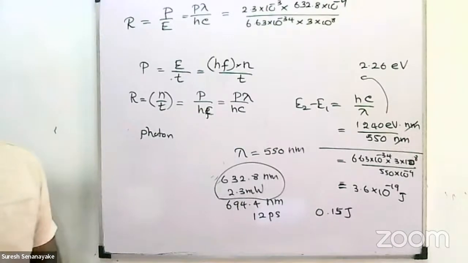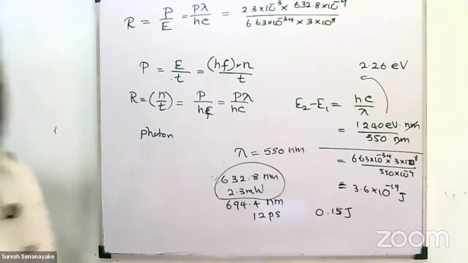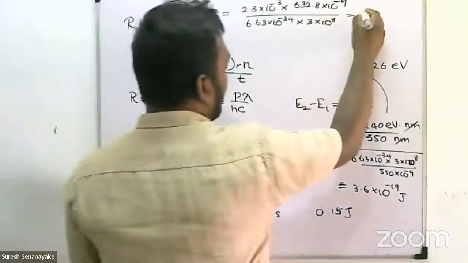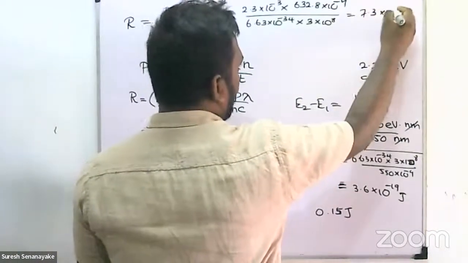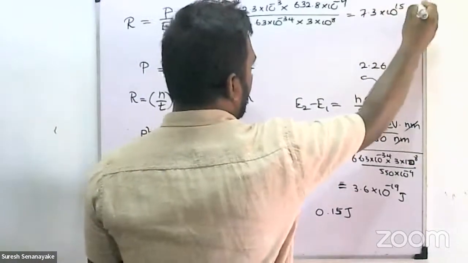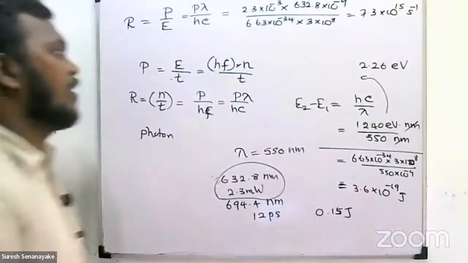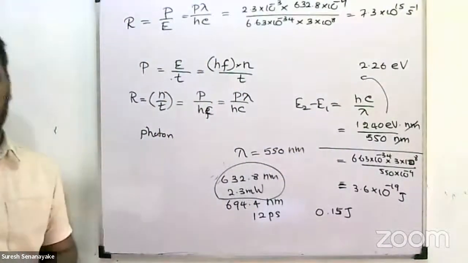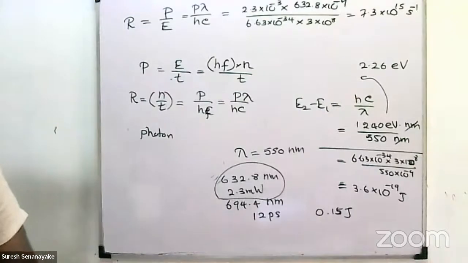By simplifying this, you can get the answer. That's about 7.3 × 10^15 per second. That's photons per second: this many photons are emitted per second by this laser beam.